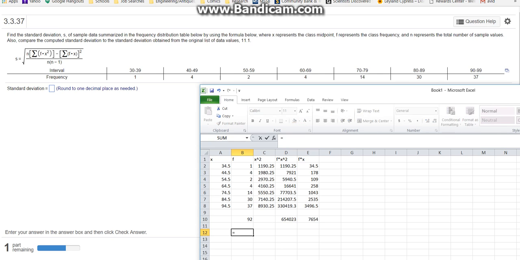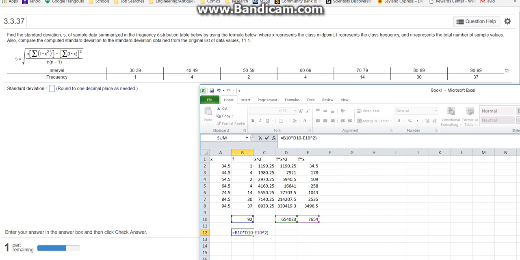So n times the sum of f(x squared), which is this number right here, minus the sum of fx, quantity squared, and then put parens around this.